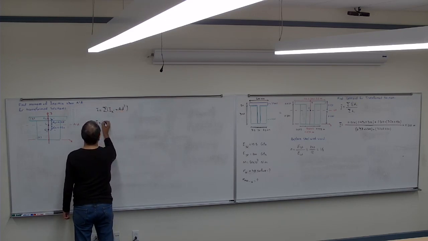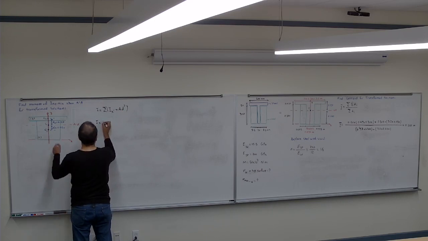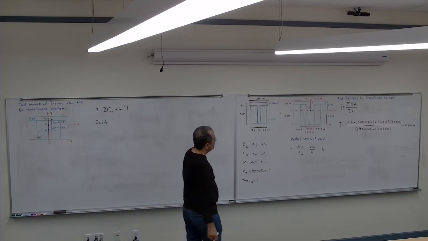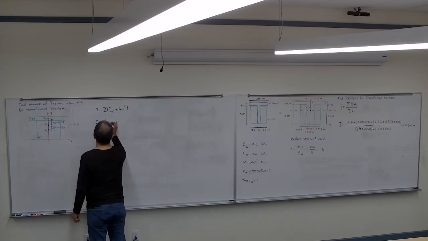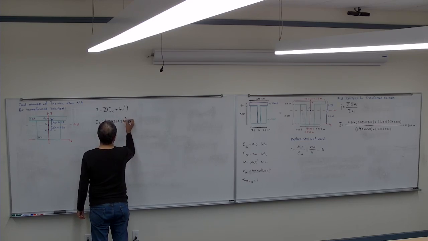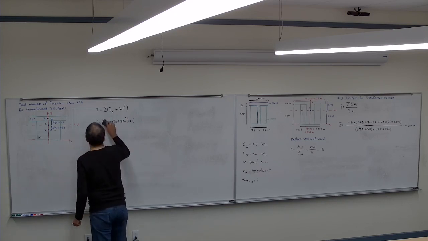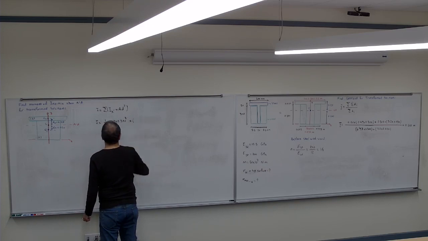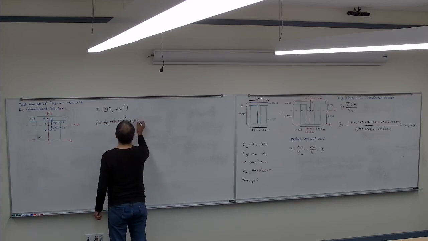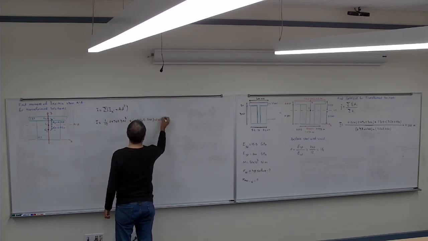So for the first one, it's going to be 1/12 of the B, 0.47 times the height, which is 300 cubed, plus the area, which is going to be 0.47 times 300, and D1 is 0.050 squared.